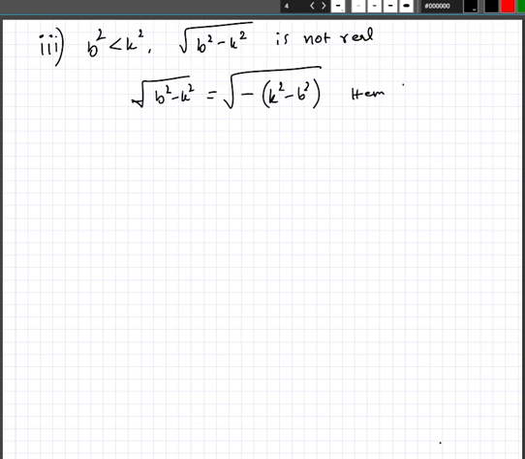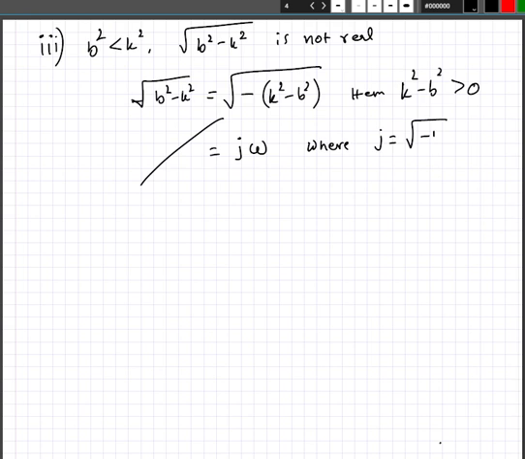Here K square minus B square is greater than 0, so that is real, square root of that. And that we write it as j omega, where j is equal to square root of minus 1.